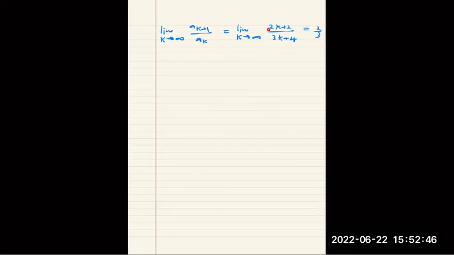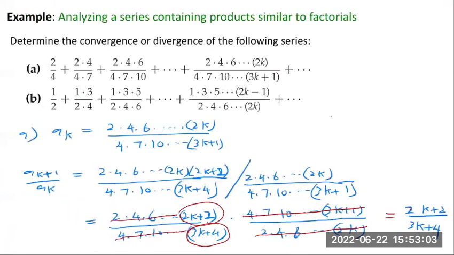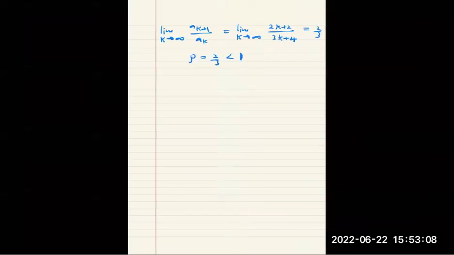The degrees of the top and bottom are equal. So the limit is going to be the ratio of the two coefficients of the highest degree terms, that is 2 over 3. Okay. So notice that our rho is 2 over 3, which is less than 1. That means the original series converges by the ratio test. Okay. If the rho value is less than 1, the original series converges.